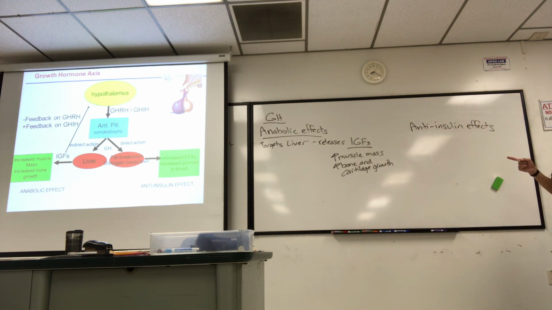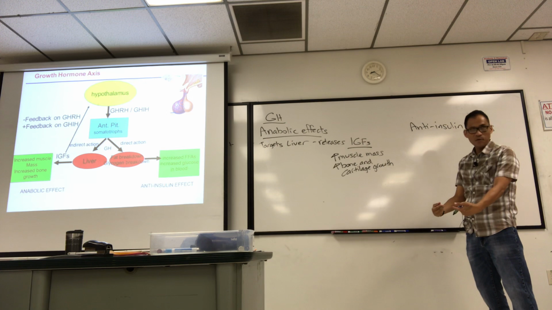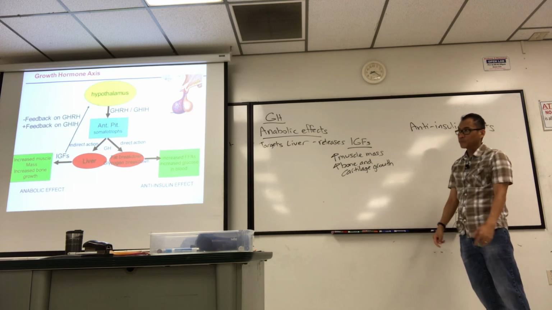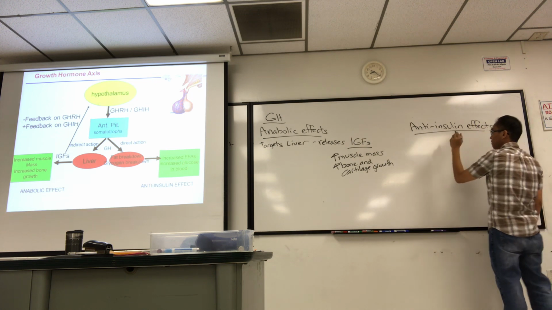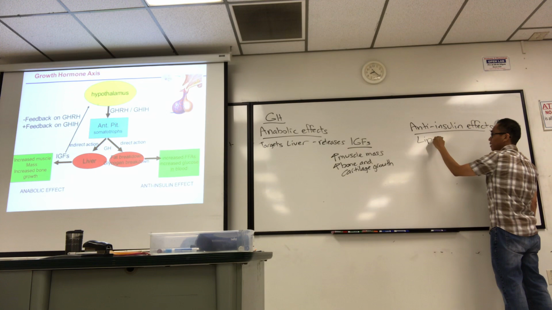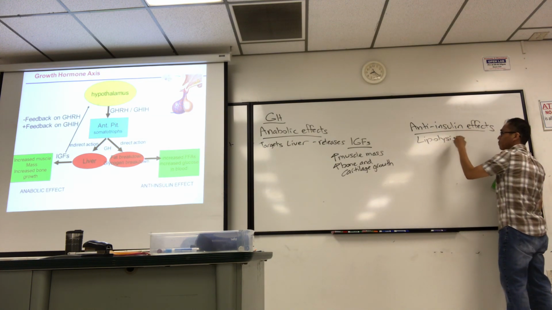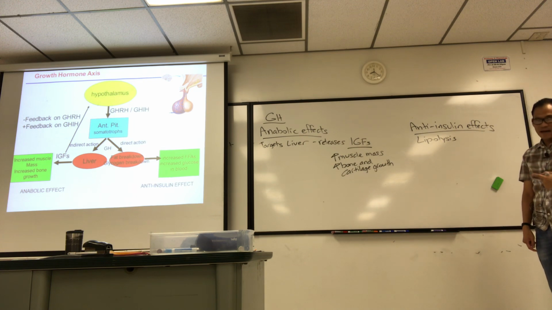At the same time, the way I think of it is, if you're going to do all this tissue building, you kind of need energy to do that. So what you're going to do is break down fat. Growth hormone can have a direct effect on fat. We call that lipolysis, break down fat. When you break down your fat, you're going to increase the free fatty acids circulating in the blood.